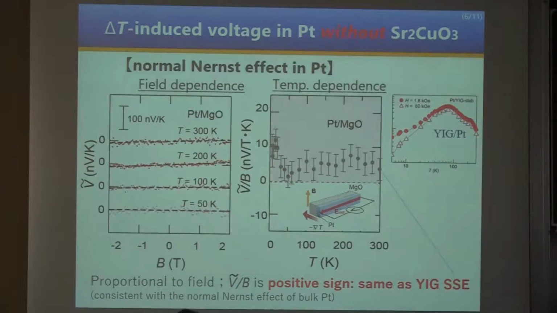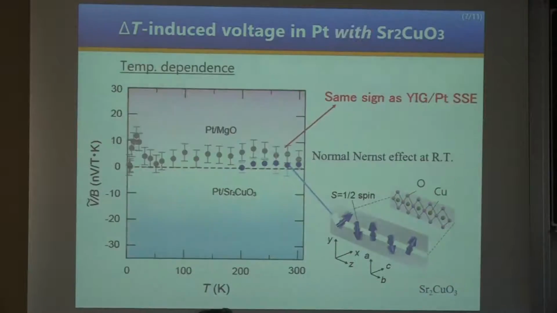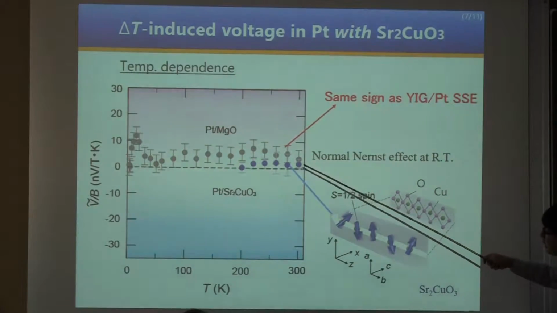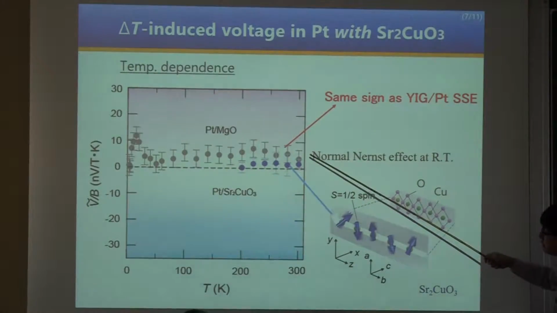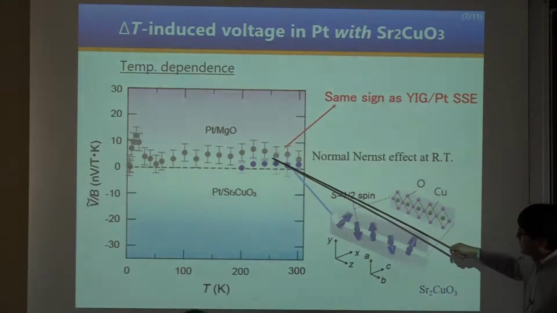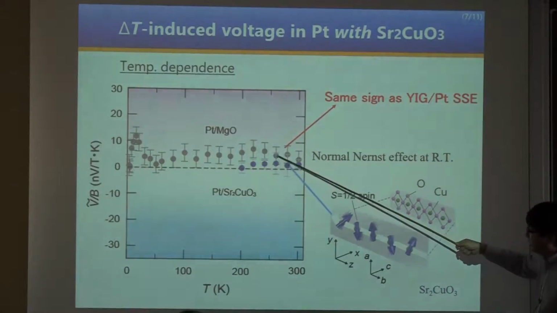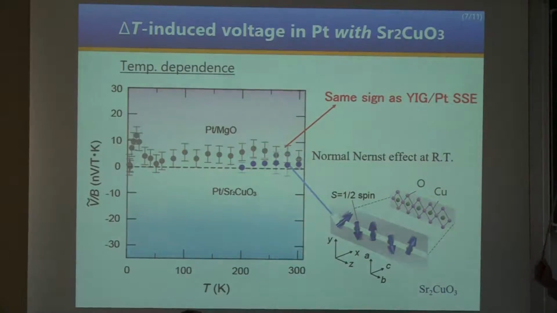Okay, so we put a spin chain to this system. So we put the strontium copper oxide 213 to this system. Around room temperature, like this, the sign of the spin Seebeck effect is positive, the same as the sign of the YIG platinum system.